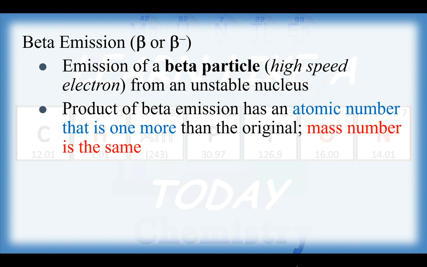But what happens is you have a neutron in the nucleus that converts into a proton and an electron. The proton stays behind, so the atomic number of that isotope is going to increase by 1. But the mass number will stay the same because a proton and a neutron are just about equal in mass. The electron then gets ejected from the nucleus, and hence you have the beta particle.